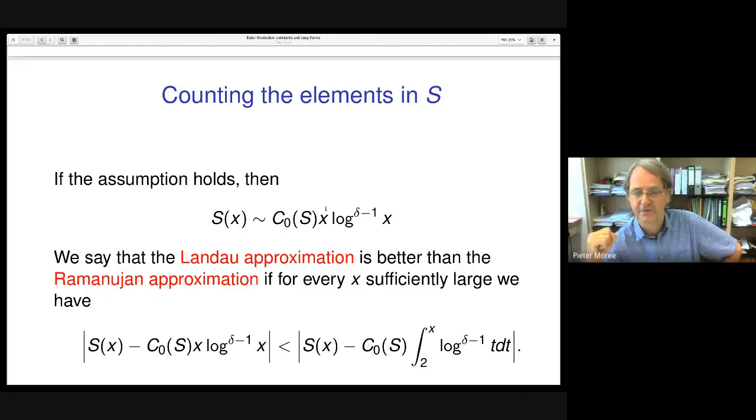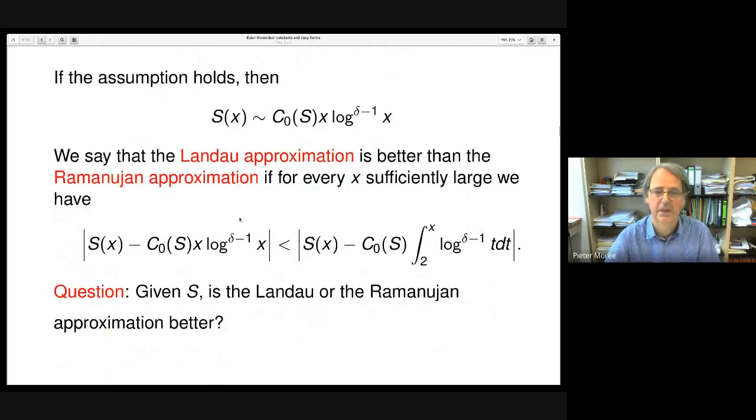For the integers that can be written as a sum of two squares, the delta was a half, so here I get 1 over the square root of log x. This gives you indeed the Landau formula. And we can now consider the Landau approximation, which would be this form. This for me is the Landau approximation. So it's the direct asymptotic.